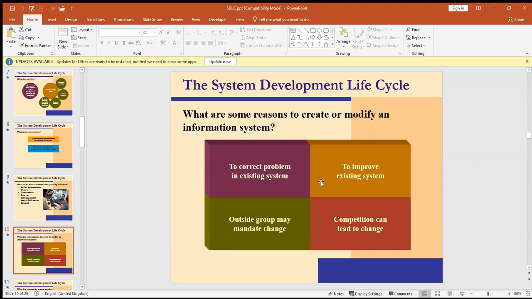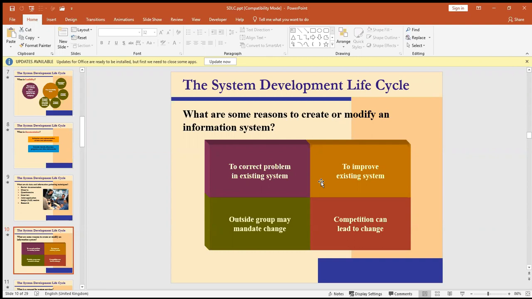Then another reason to create or modify a system is, yes, we have the system in place, and it is not having any problem, but there are certain things we can add. We can make it better.